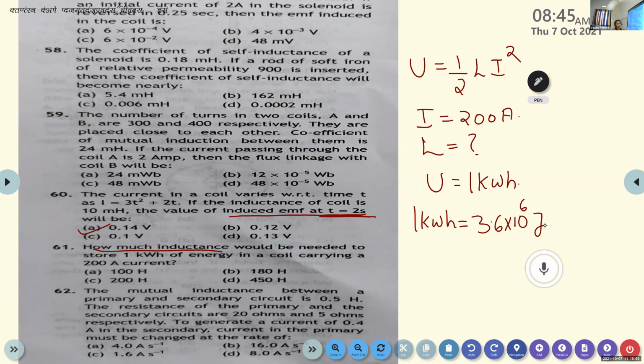So here we have the value of energy and current. So we can easily calculate the value of inductance, L. Rearranging the equation, bring the 2 here, so L is equal to 2U divided by I square.